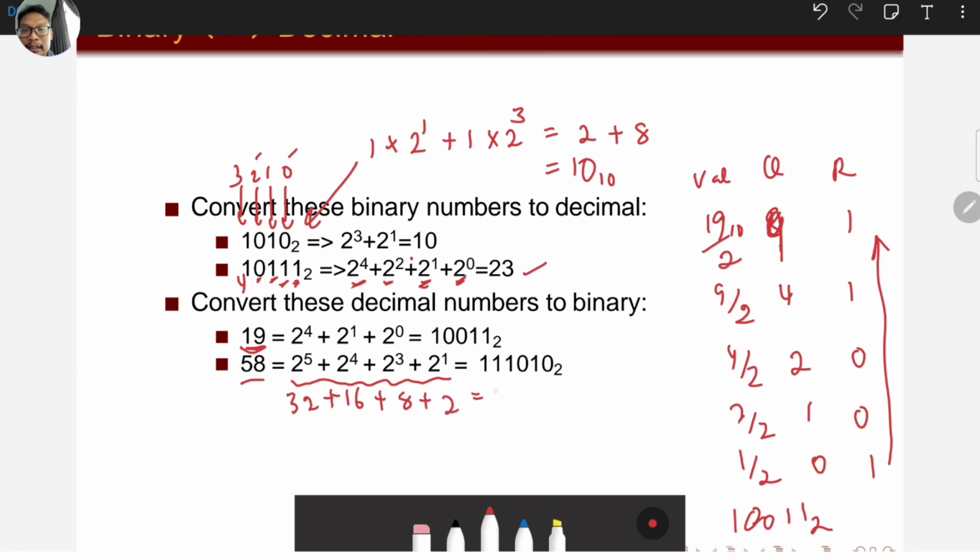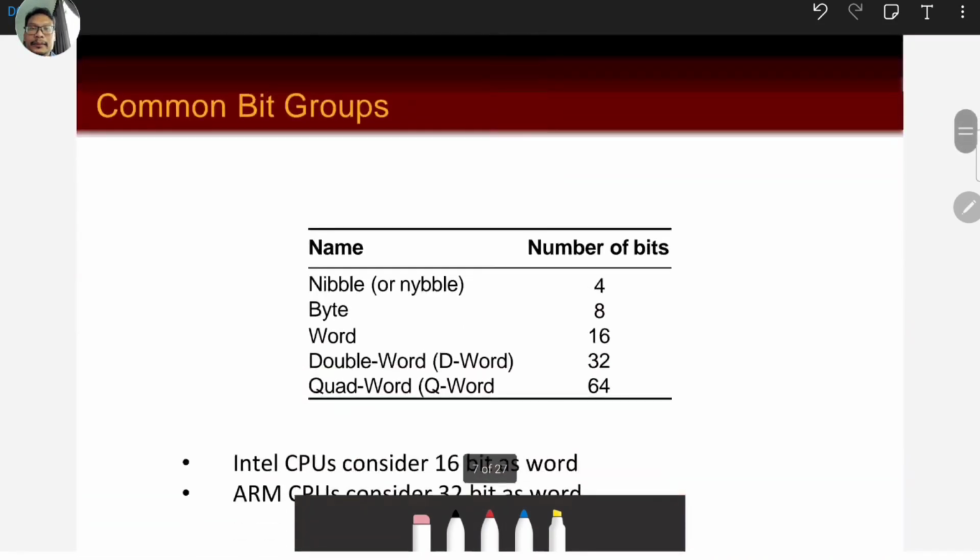So this equals 58. This 58 corresponds with bit positions 5, 4, 3, and 1. So that's another method to get from binary to decimal.